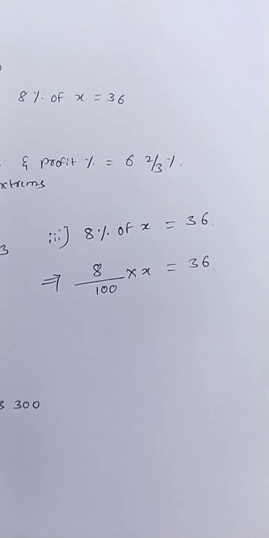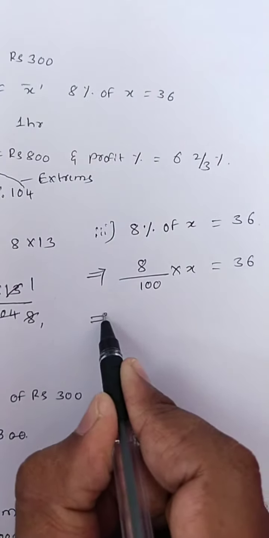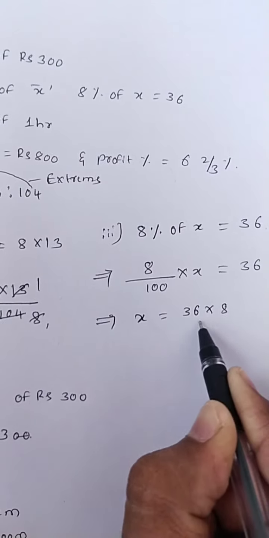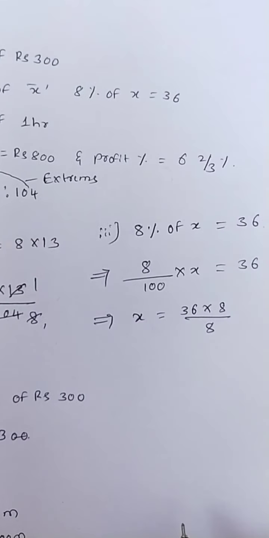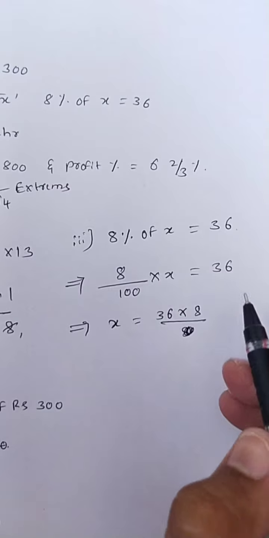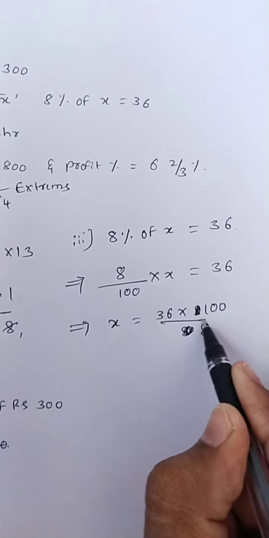So x you keep as it is, and x is equal to 36 into 100 divided by 8.